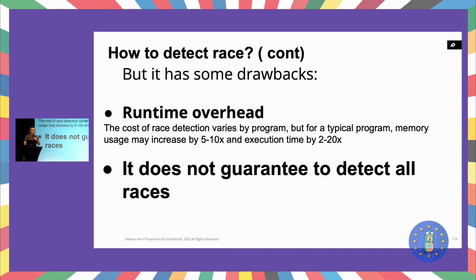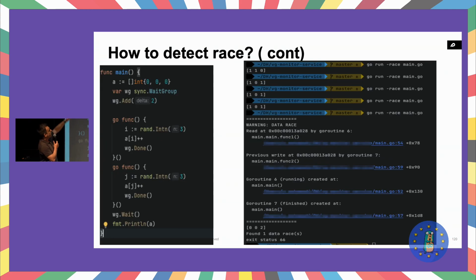Another thing is that it does not guarantee to detect all the race conditions. I have a sample here for you. Simple code, a slice, trying to change it in Go routines. First, second, third, fourth run, there is no race condition detected by dash race, but on the fifth time, boom. You can see that the race condition warning has happened.